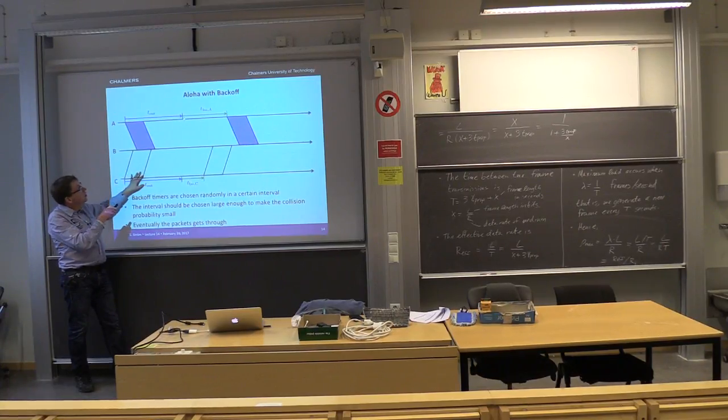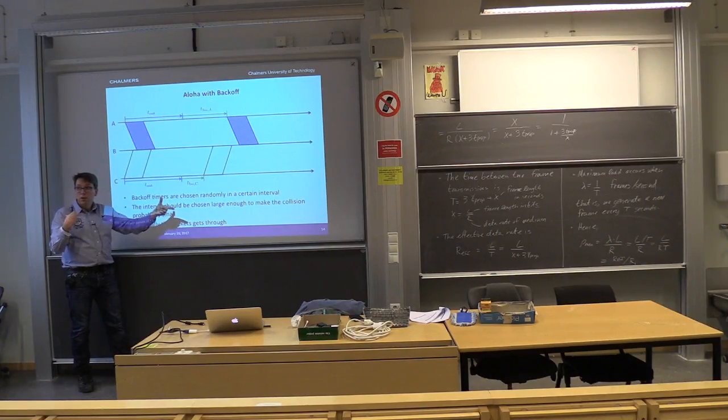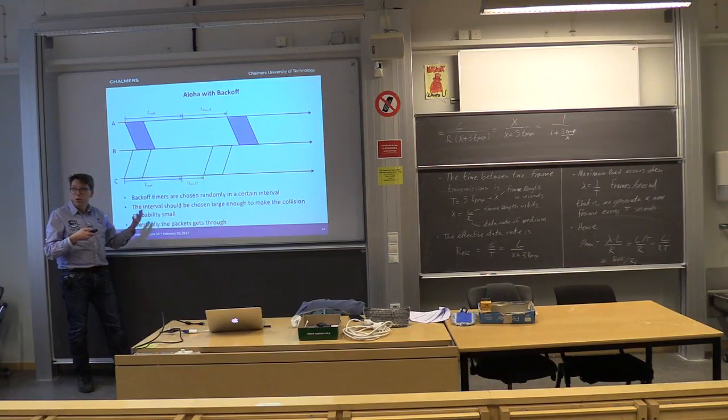Station A does the same thing, and we see that if the back-off times are random in a way such that they are large enough to minimize the probability of a repeated collision, then collisions will be resolved.